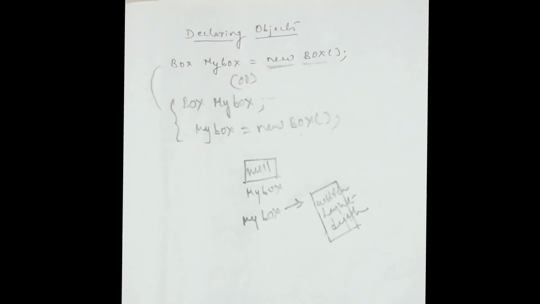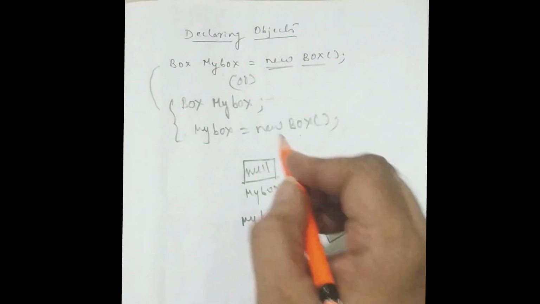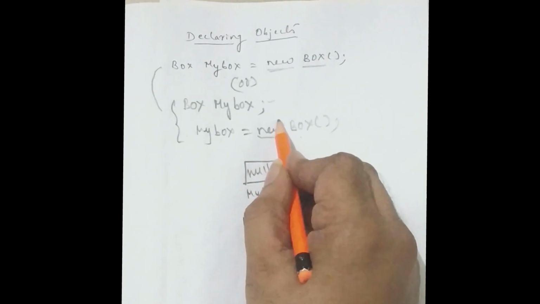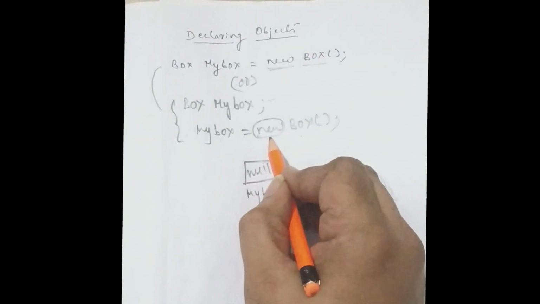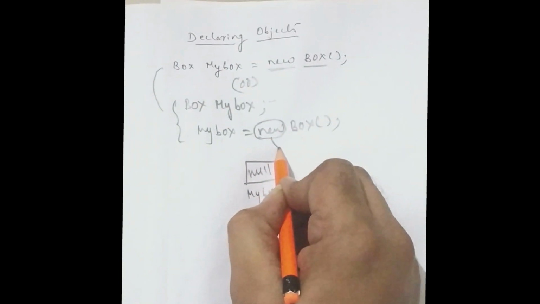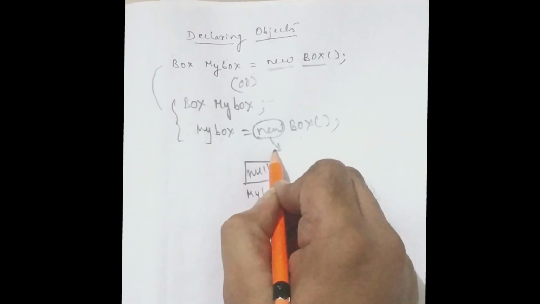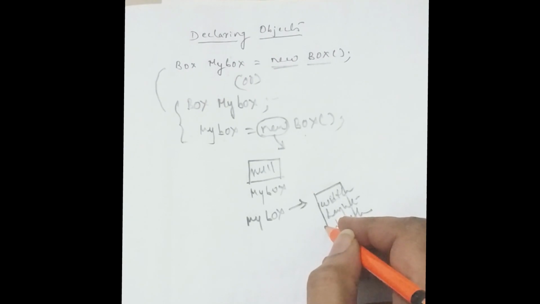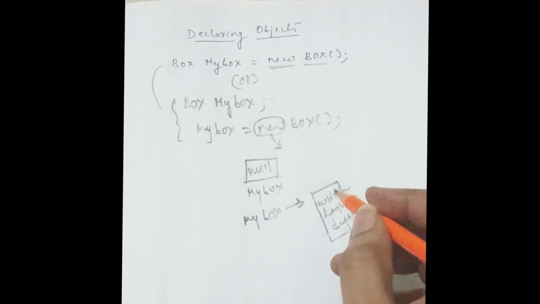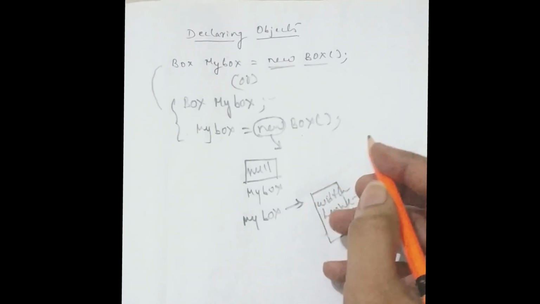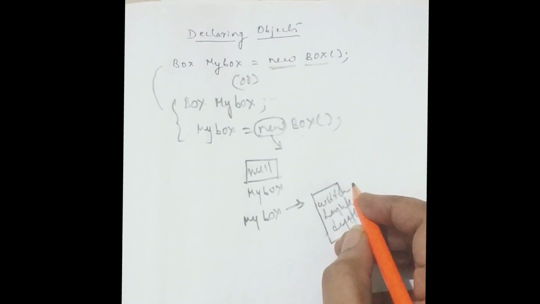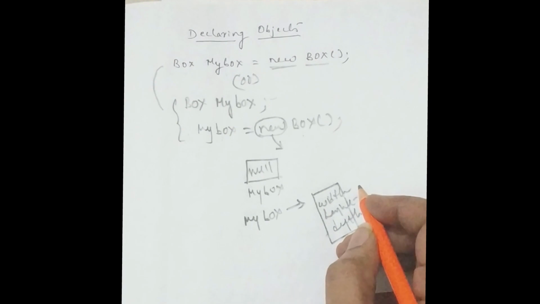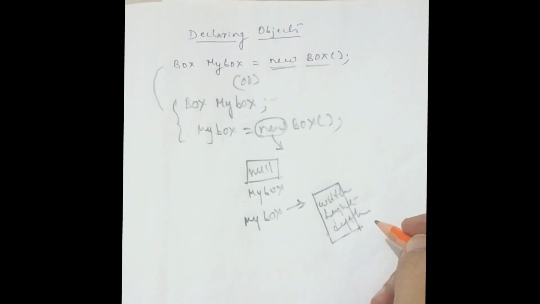Here the most important point you should observe is what is new? New is a keyword. Whenever you see the keyword new, it means that the memory is allocated dynamically. Dynamically means the memory for the object called Box is allocated during runtime and not during compilation time.